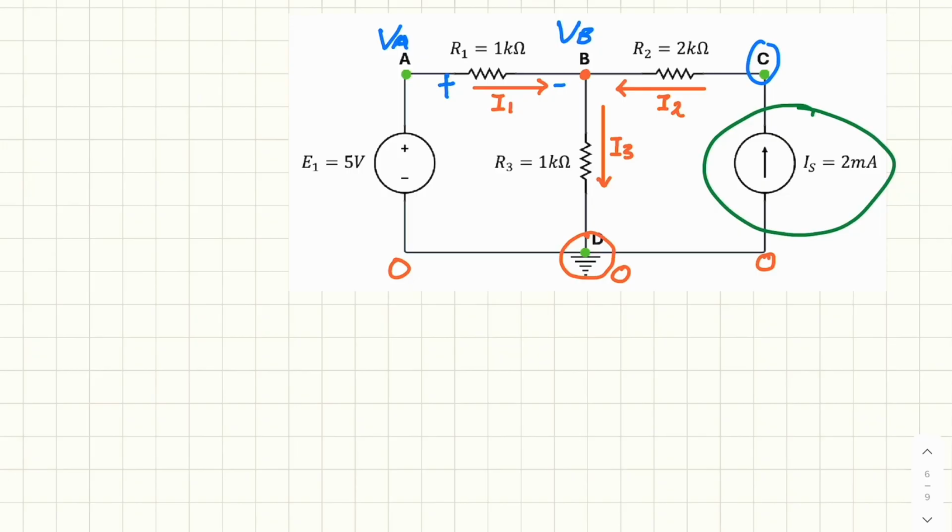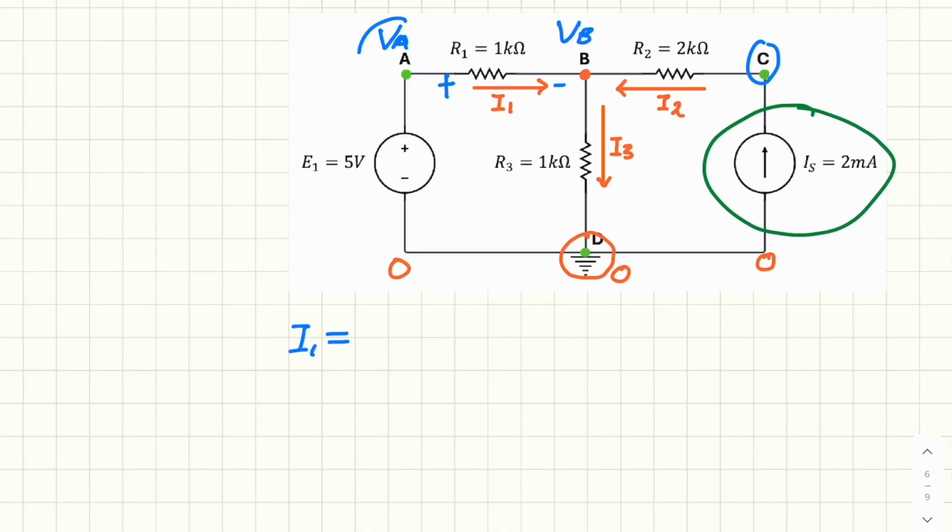Let's first analyze I1. Remember Ohm's law, V equals IR, so I equals V over R. Instead of putting I, we'll express I in terms of V over R. For I1, we first see which side of the potential is higher.